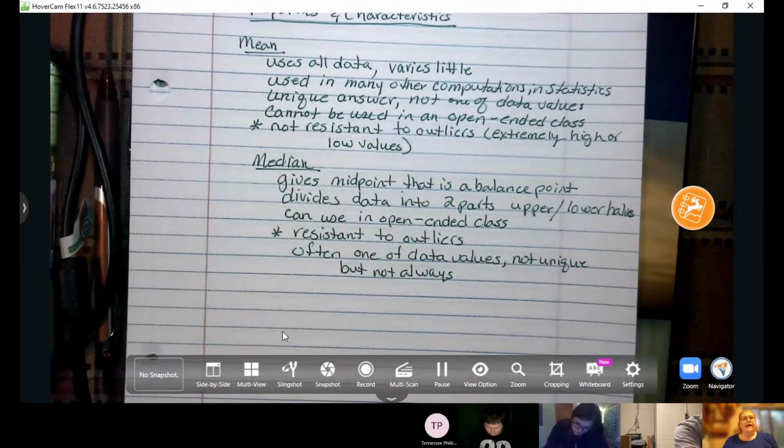If it's an odd number of data values, it is going to be one of the data values. If it's an even number, then it's going to be something that's different.